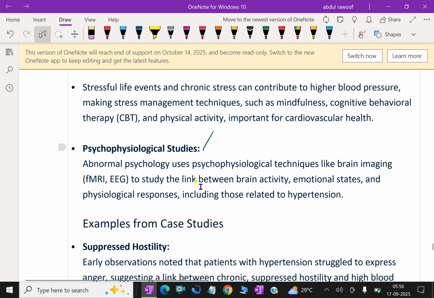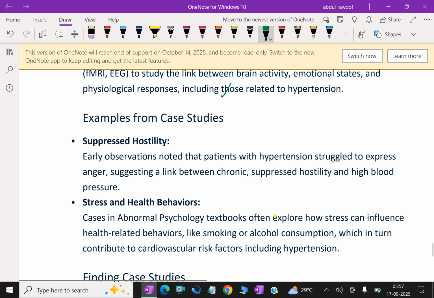Abnormal psychology uses psychophysiological techniques like brain imaging, that is MRI, to study the link between brain activity, emotional states, and physiological responses, including those related to hypertension.